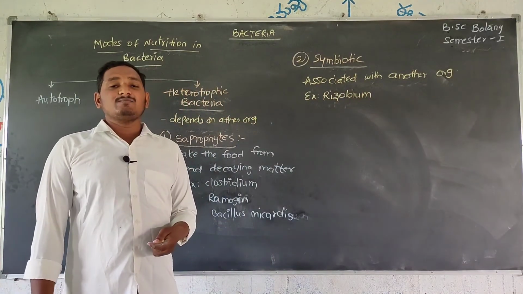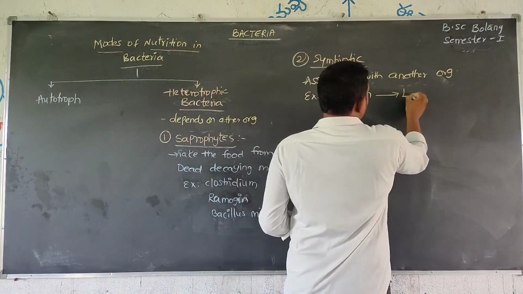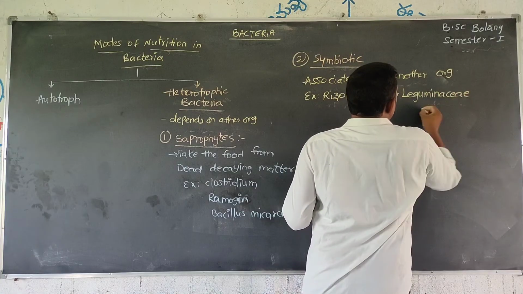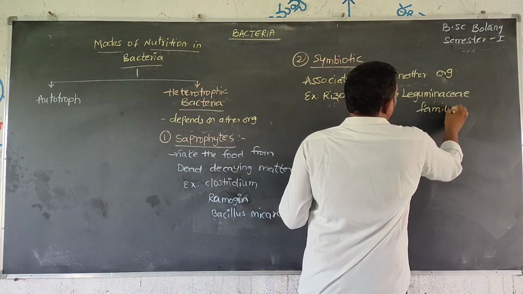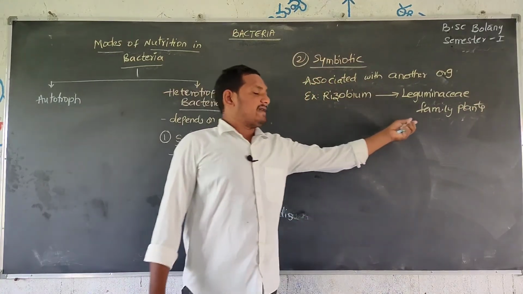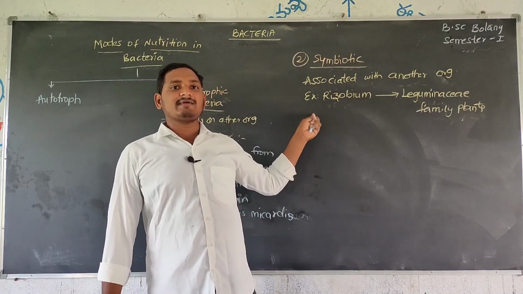Rhizobium bacteria are symbiotically associated with leguminous plants, the Leguminaceae family plants. They provide shelter, food, water, everything to Rhizobium bacteria.